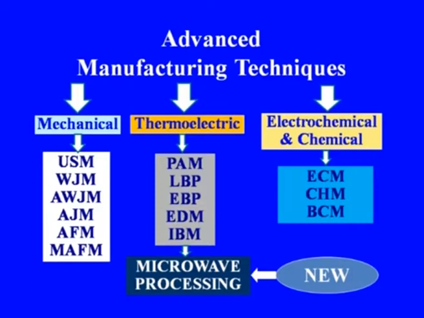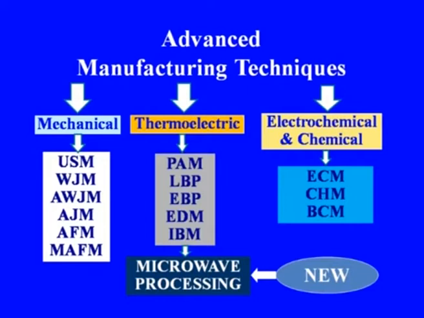Mechanical processes include some of the techniques like ultrasonic machining, water jet machining, abrasive water jet machining, abrasive jet machining, abrasive flow machining, magnetic abrasive flow machining, etc.